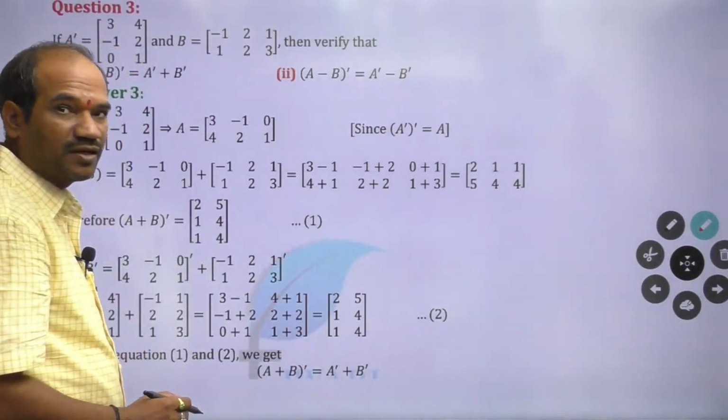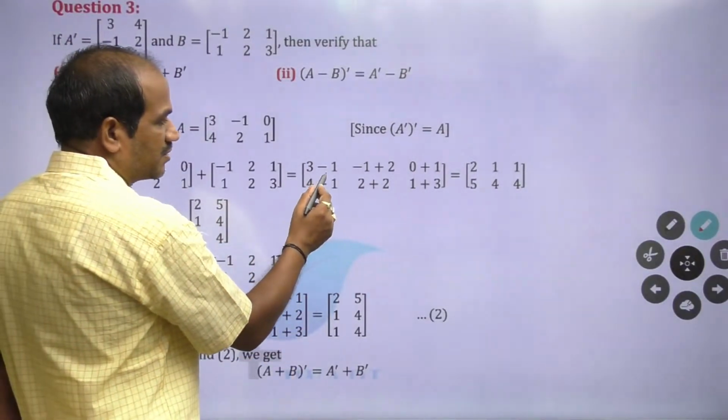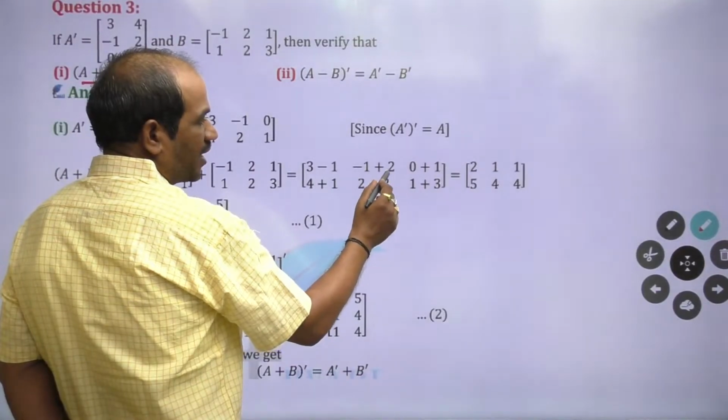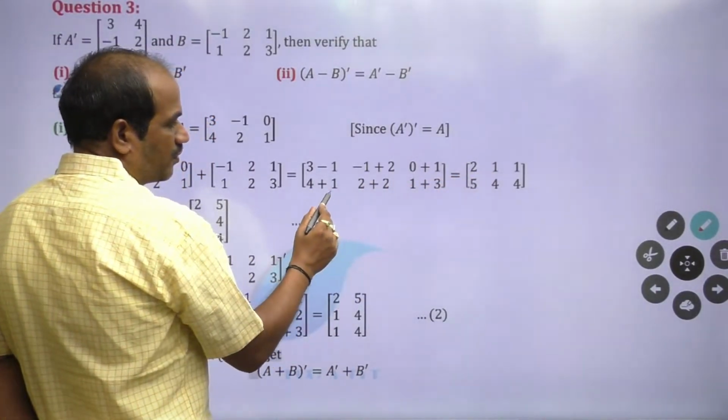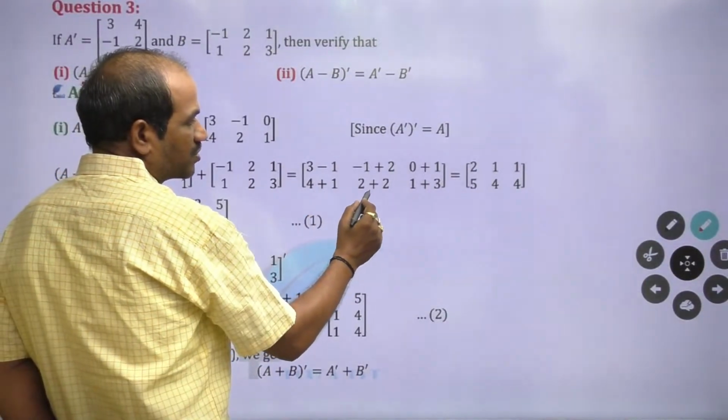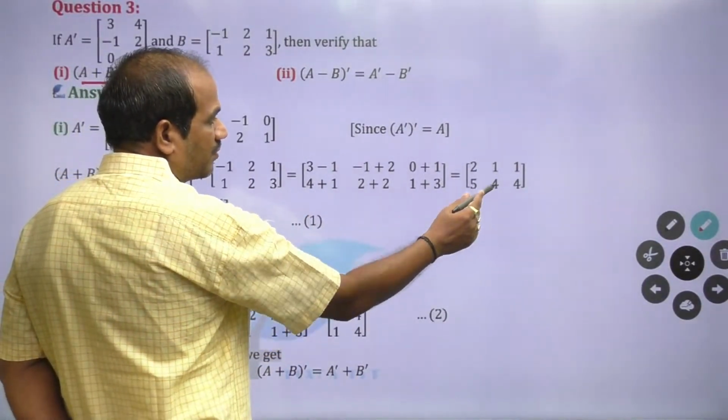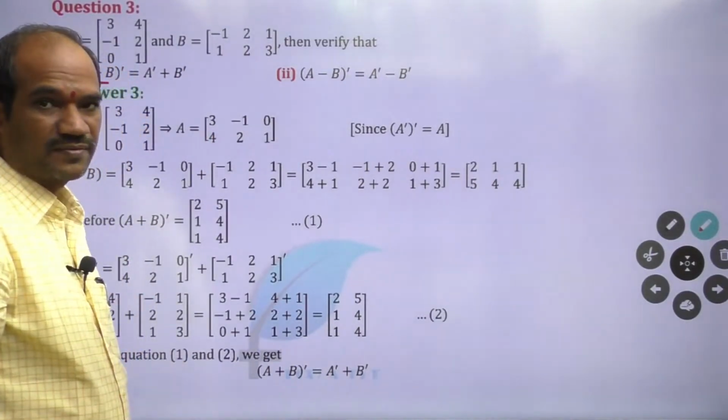So 3 minus 1 is 2, minus 1 plus 2 is 1, 0 plus 1 is 1, 4 plus 1 is 5, 2 plus 2 is 4, 1 plus 3 is 4. This is A plus B.